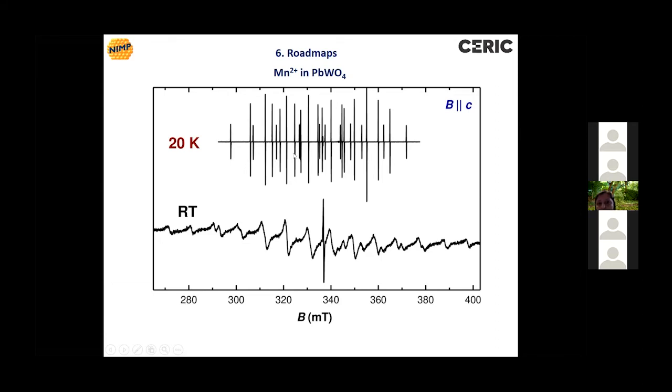Here it will be somehow overlapped. So it will be 4 and 5 and 6. And then you have this 6th line, which would correspond to one of the groups separated by the zero field splitting. If you remember the first spectrum of manganese that I showed you, where I demonstrated how you collect the data for the EPR analysis.